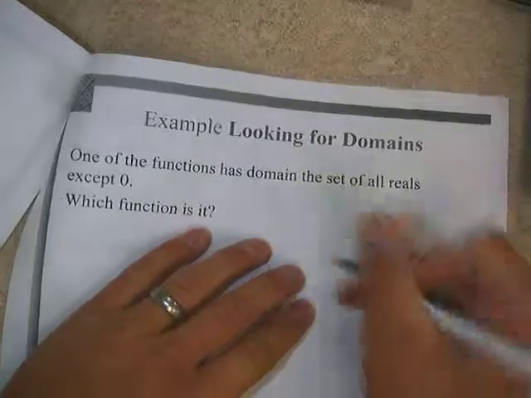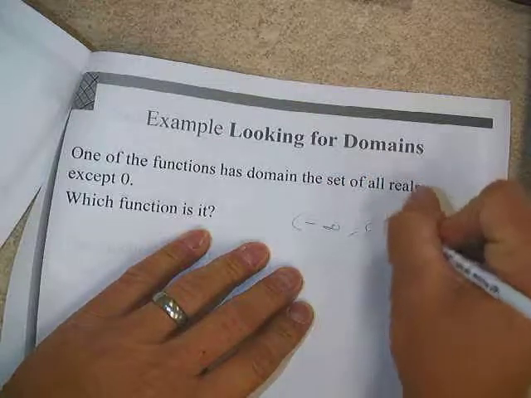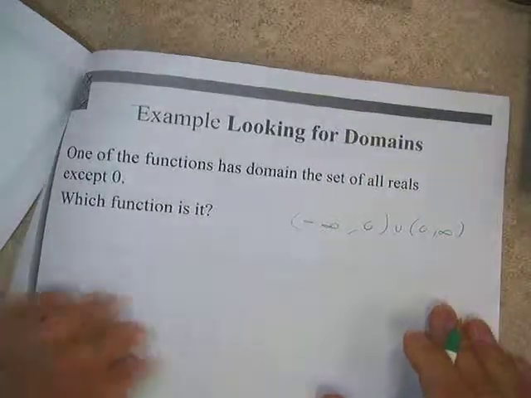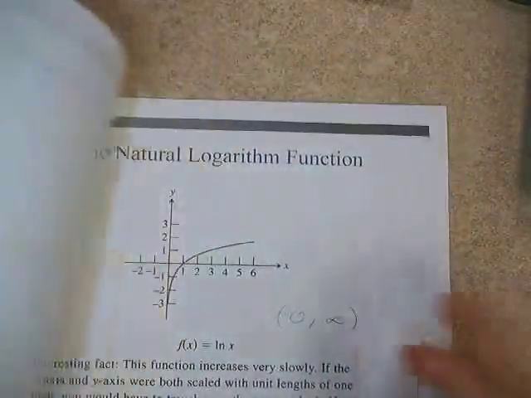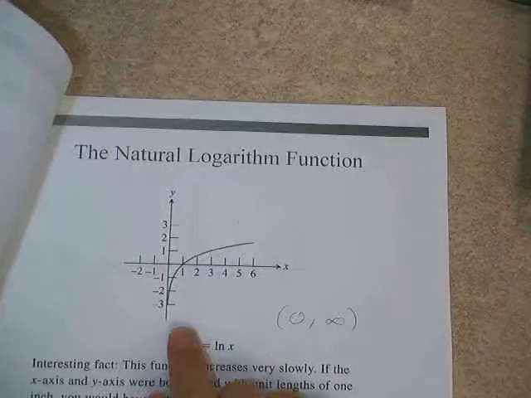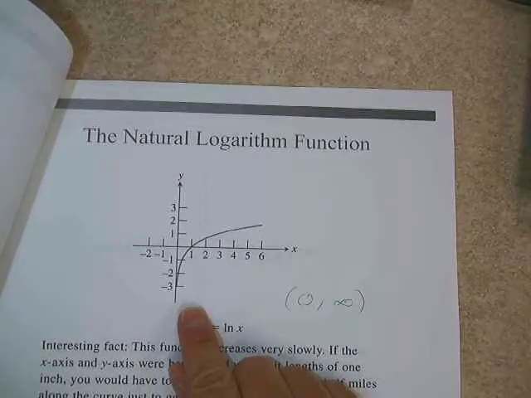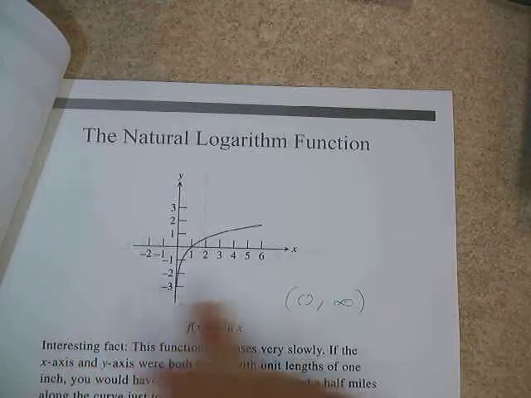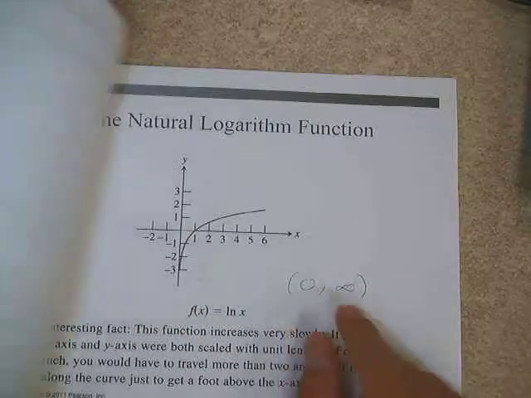One of the questions we might be asked in a few minutes in our homework says one of the functions has a domain, the set of all reals except 0. In other words, the domain is negative infinity to 0 and 0 to infinity. If we look back at the pictures that we had there, which one has an issue at 0?